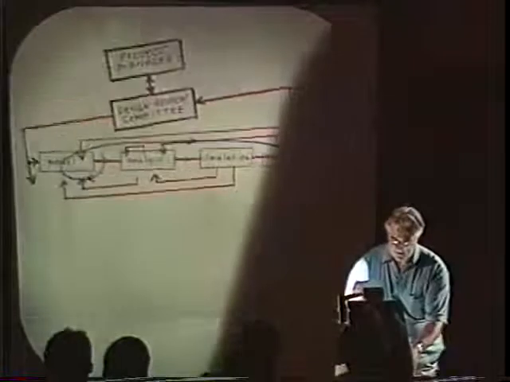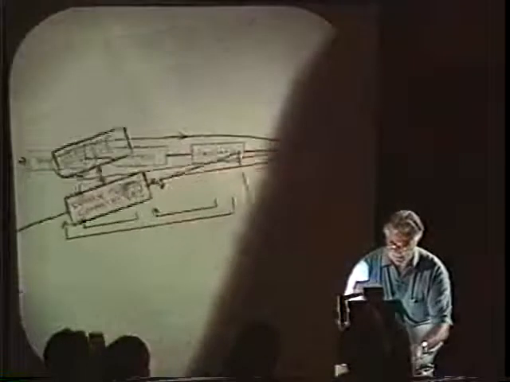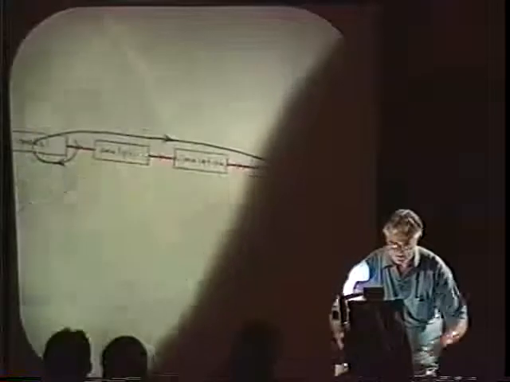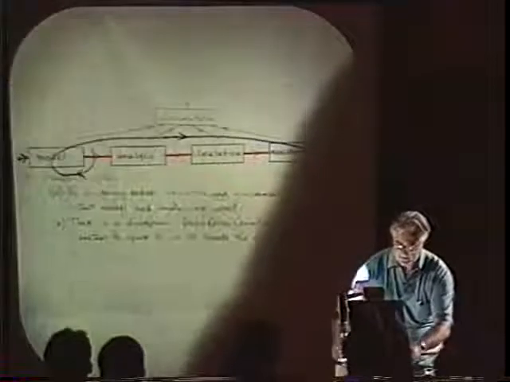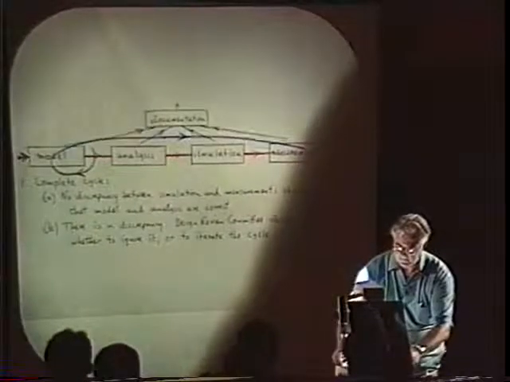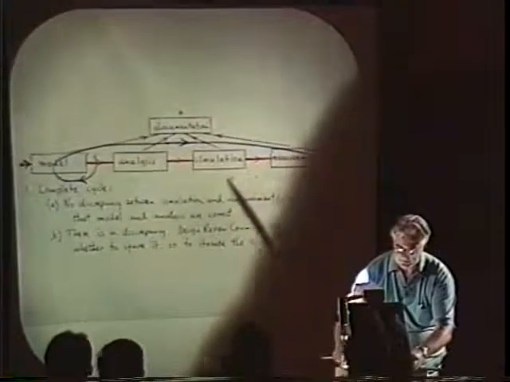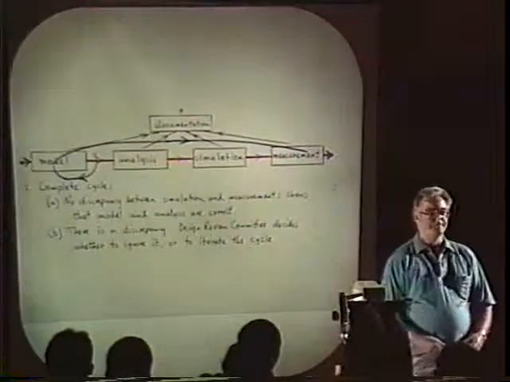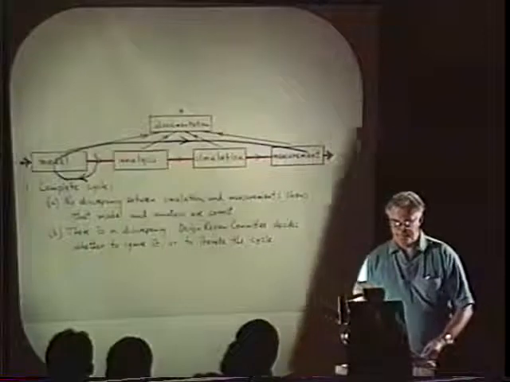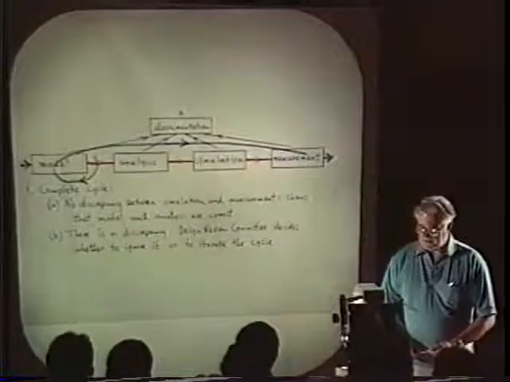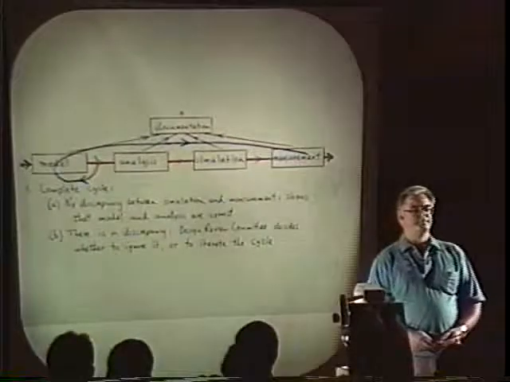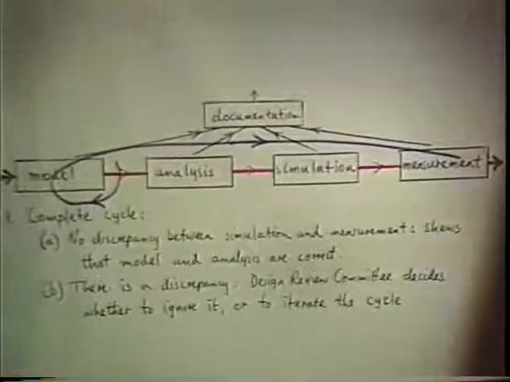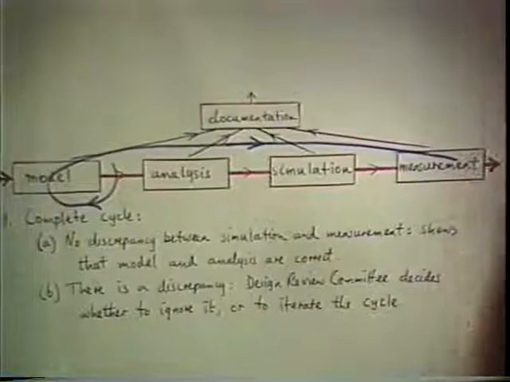That means that all the way along this, and now I'll take those away because it gets too cluttered if I put everything in there, that means that all along the way, you have to be producing documentation. And this is an important factor for connection with the design review committee and the project management.